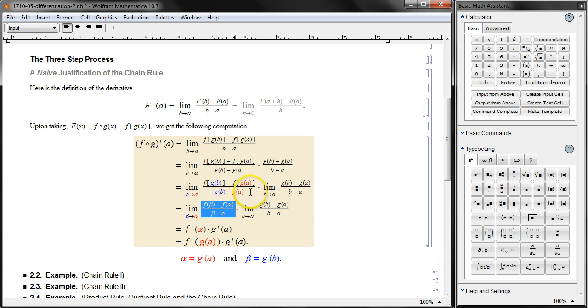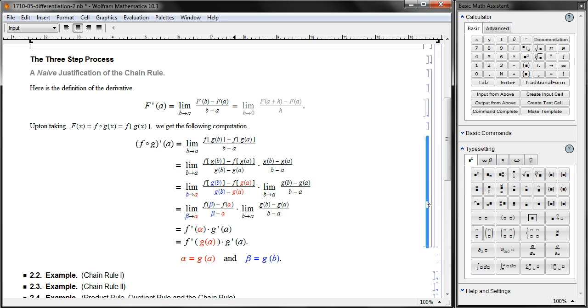That's okay. This is equal to that because of the substitution. That's clear. But this limit, b is approaching a, becoming limit beta is approaching alpha, is not that clear, but it is something we can do in calculus level.